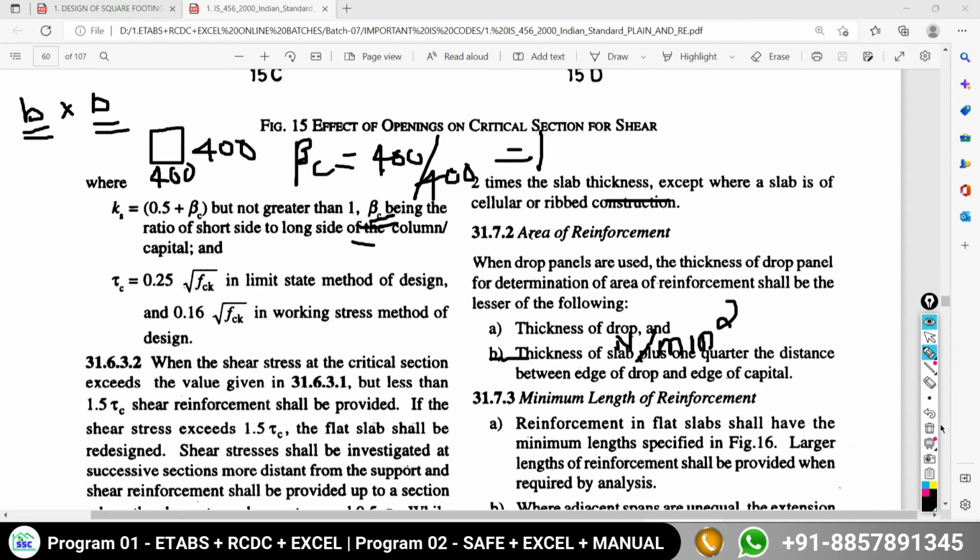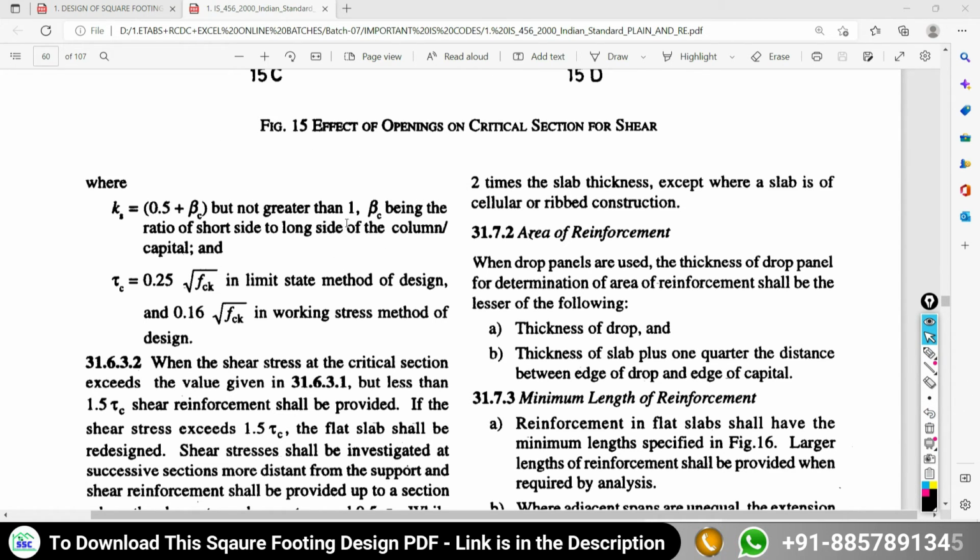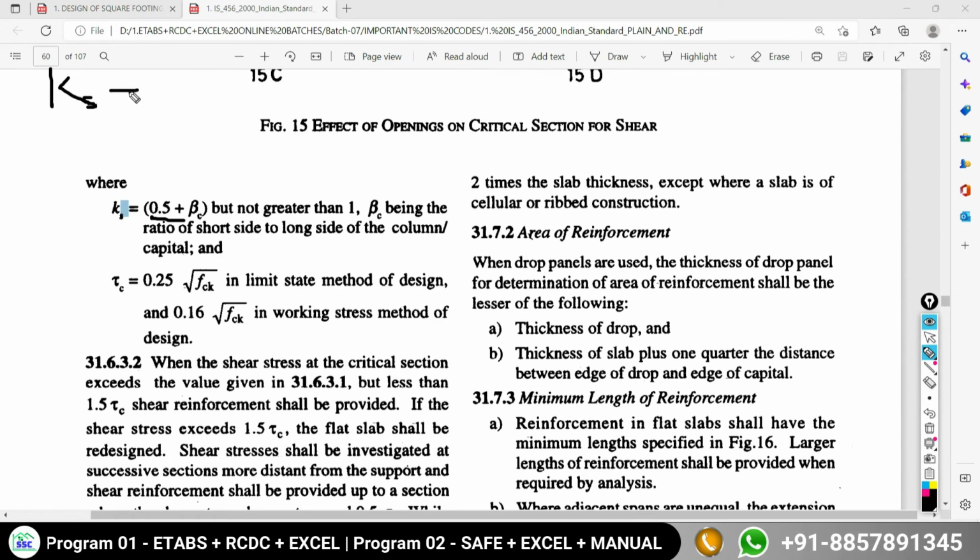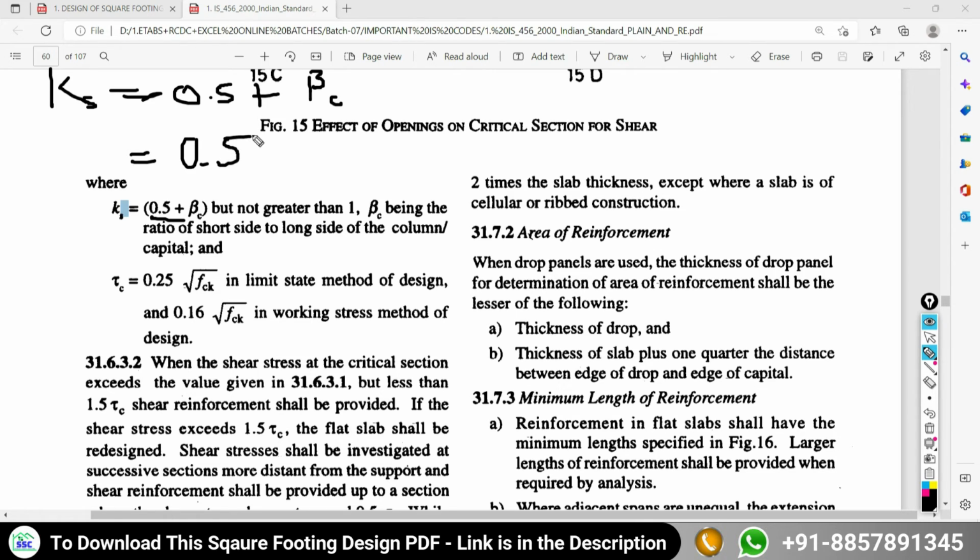But there is one criterion, one limitation given for the value of Ks. First you need to look at this formula, 0.5 plus beta c. If I say Ks equals 0.5 plus beta c, then that will be 0.5 plus the beta c value for the considered example, which is equal to 1.